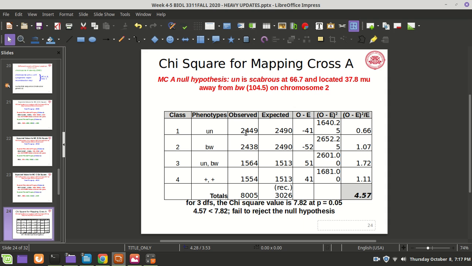Well, what does that also mean? It means your original hypothesis is what? Well, up here it says the UN is located at this. So what we're saying is that UN is located here, 37 away from the chromosome.